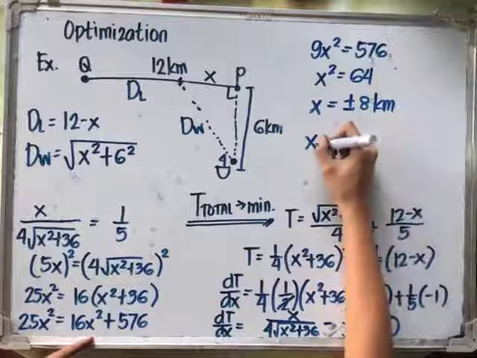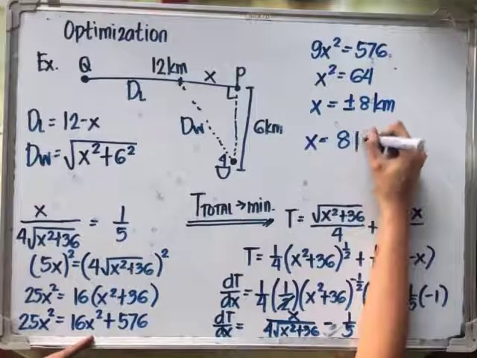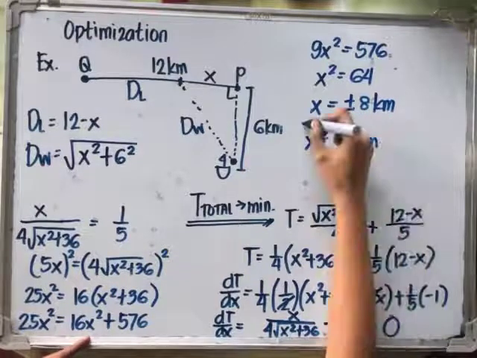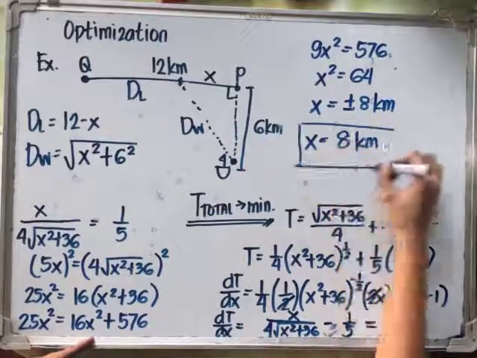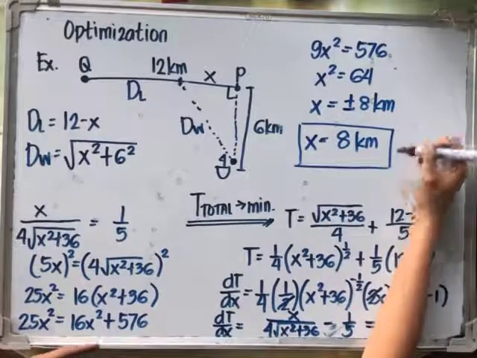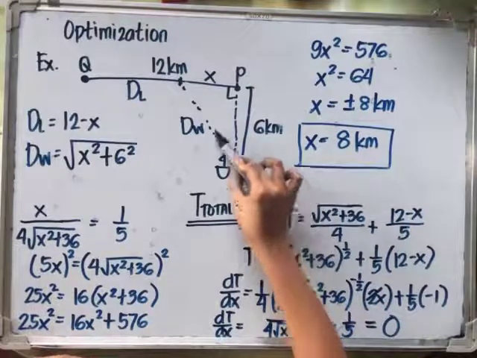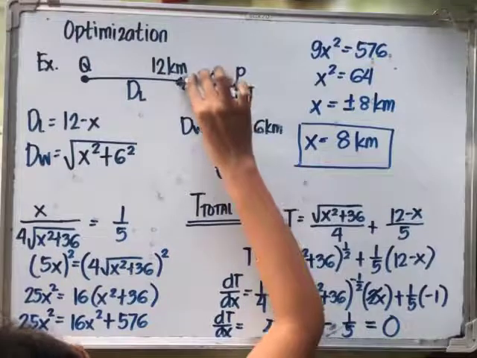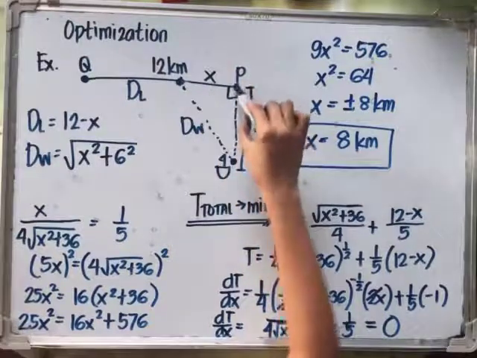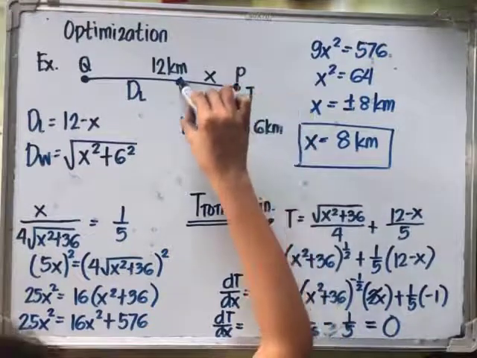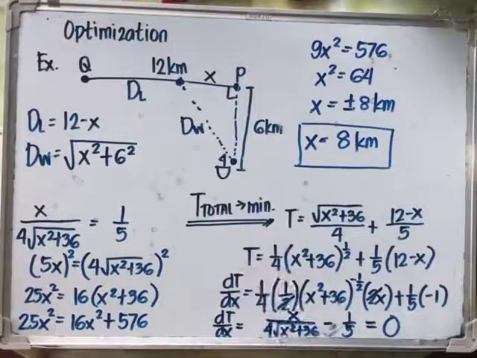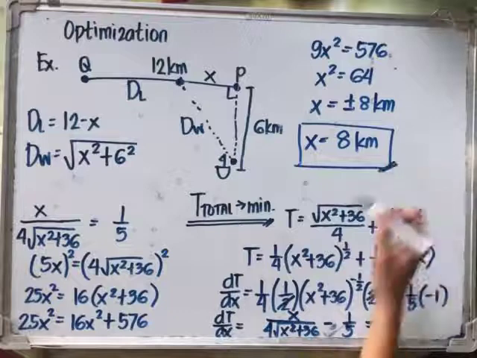But what is most acceptable here is always the positive distance. Okay? So this is our final answer. Dapat daw the boat will travel this path here and then maglaland siya 8 kilometers straight from P. And then, ta-travel na siya by land for the remaining 4 kilometers. Okay? That is for a minimum time.